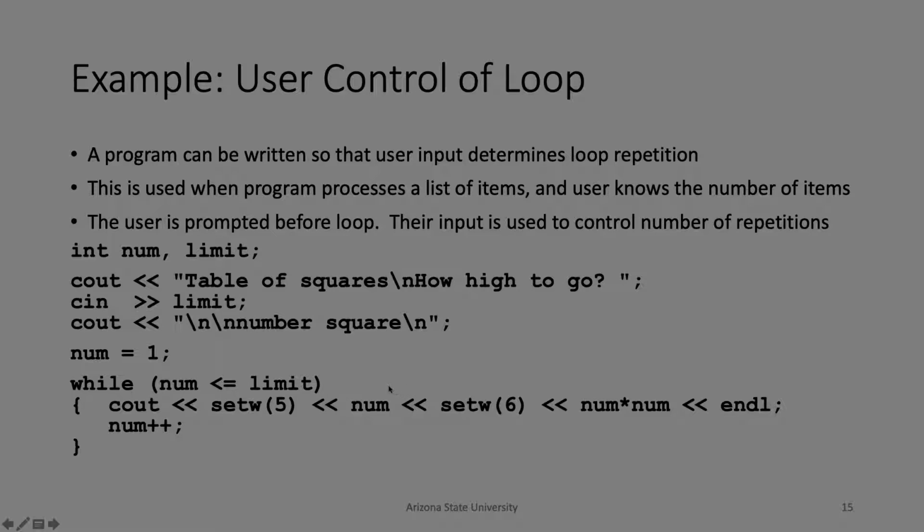So the first iteration, we're going to print 1, and then over here we're going to print 1 again. We're going to add 1 to num, and then we're going to check: have we reached the limit, or is this condition false? If the condition is still true, we're going to continue through with num equal to 2, and then print 4, and then 3, 9, and then 4, 16, and we keep going until we reach the limit.